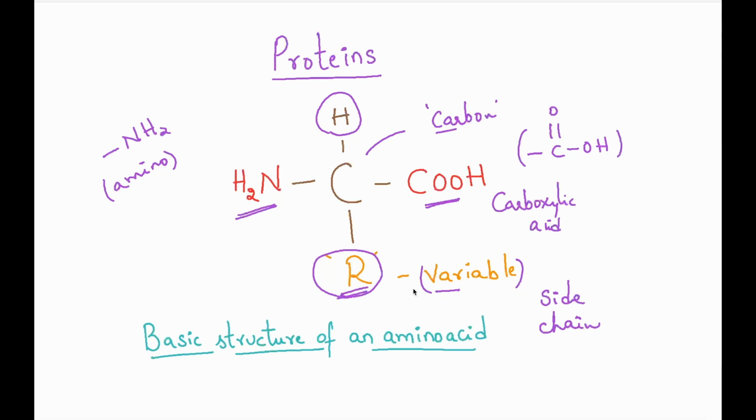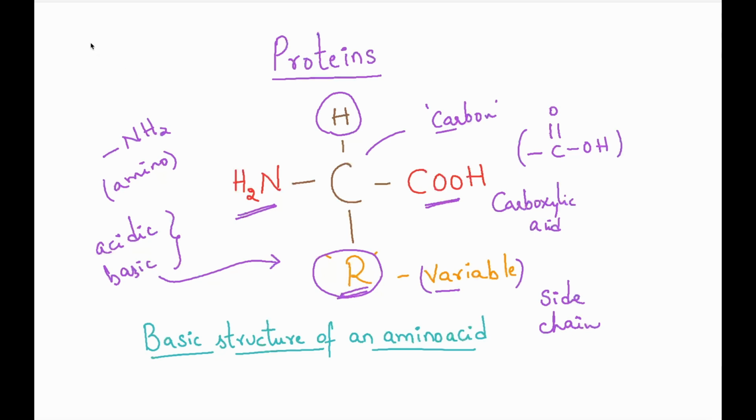Amino acids are broadly categorized into four categories. We have acidic amino acids and basic amino acids. Acidic amino acids are acidic because of their R group, while basic amino acids are basic because of the R group structure that they possess.